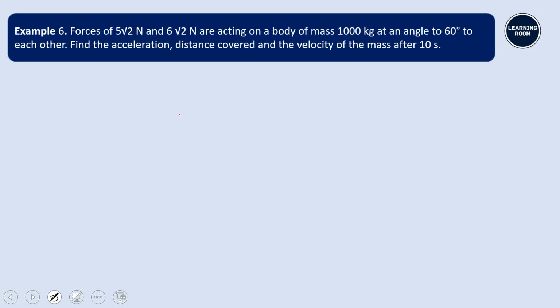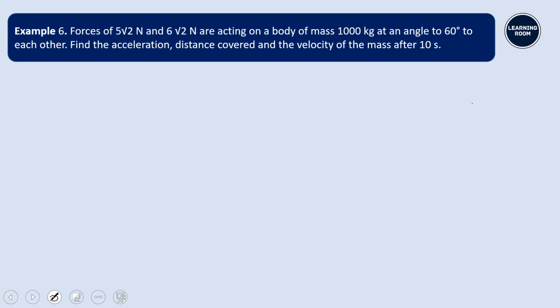Let's try this one. So the sixth example is, there are forces of 5√2 Newton and 6√2 Newton which are acting on an object of mass 1000 kilogram at an angle 60 degrees from each other. First, let's try to visualize it diagrammatically.